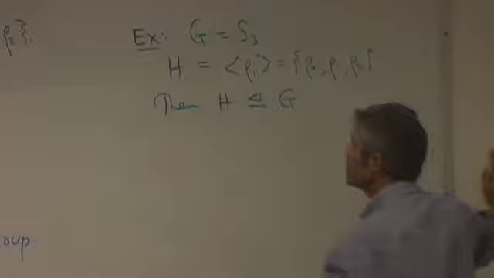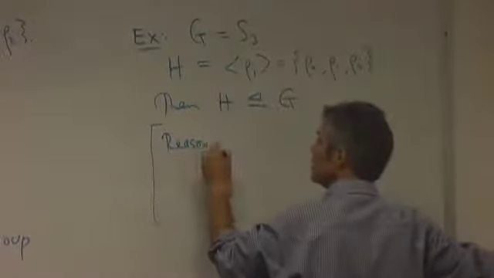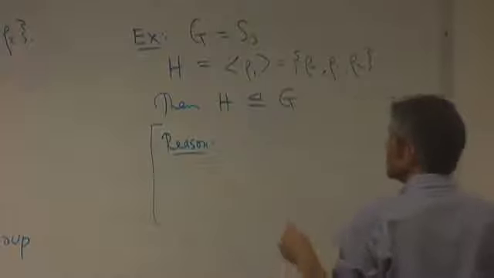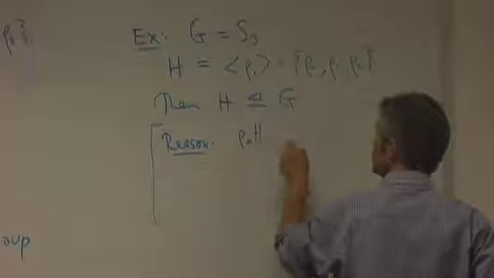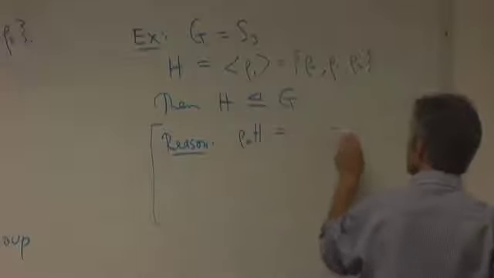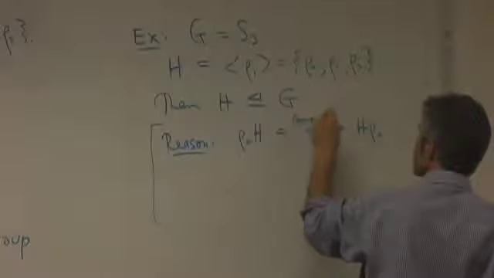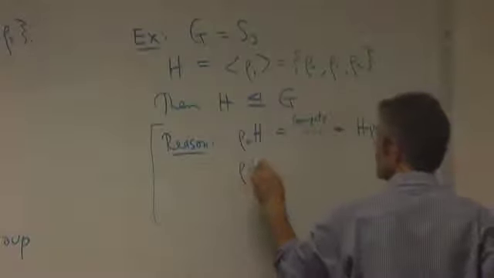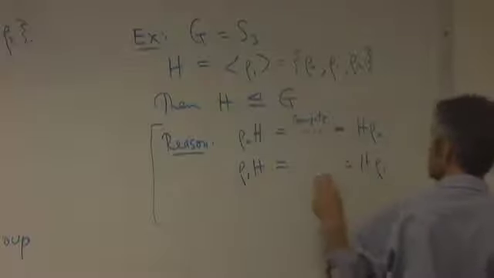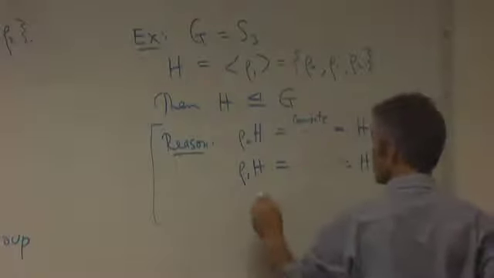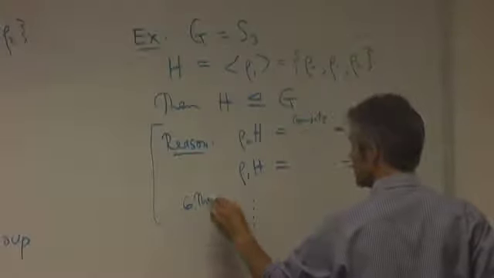And the reason is, I'll put it in parentheses here, I'm going to let you do the pounding. Just pound them out. Pound out row 0 H, which happens to equal H row 0. Compute. Row 1 H equals H row 1. Compute. Etc. You got 6 things to do. Just pound them all out.